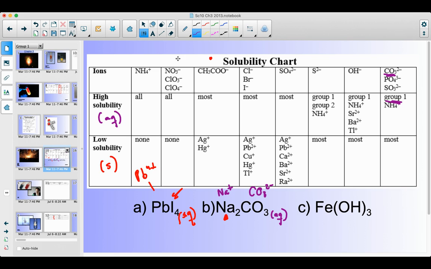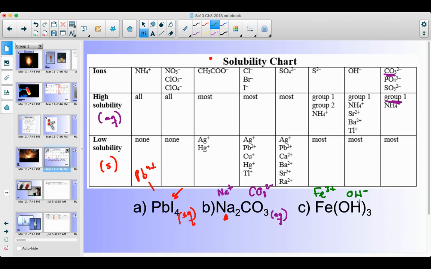Looking at our next example, Fe(OH)3. Now iron does have 2 possible charges, but because this is hydroxide, OH negative, and there's 3 of them, that means that iron has to be 3 positive.